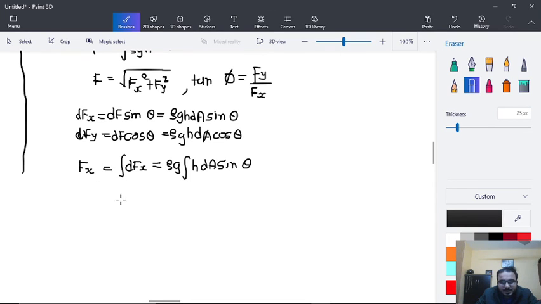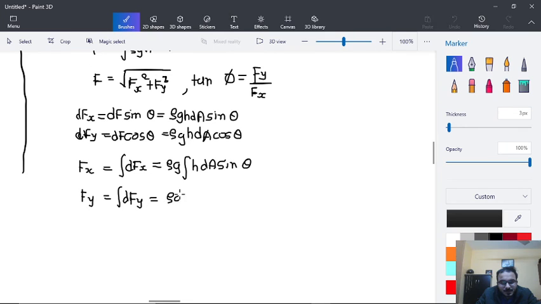Okay, let me rewrite it. Fy is equal to integration dFy, is equal to rho g integration h dA cos theta.